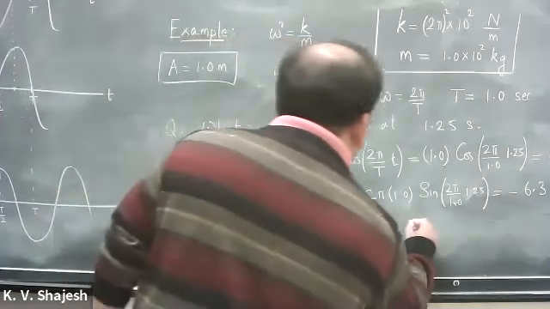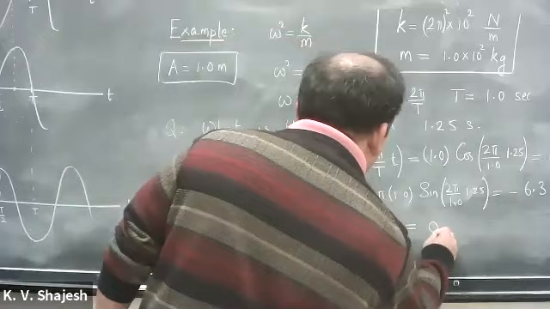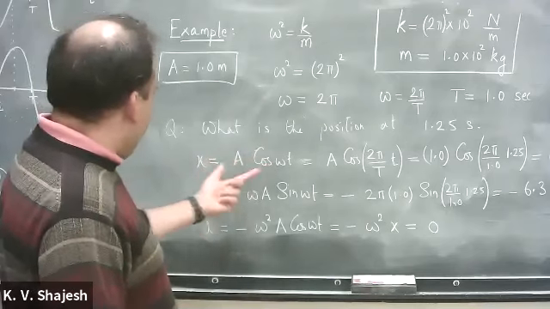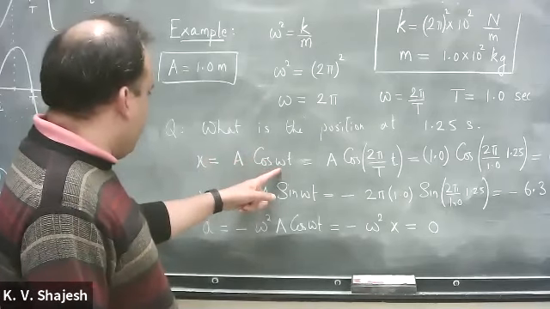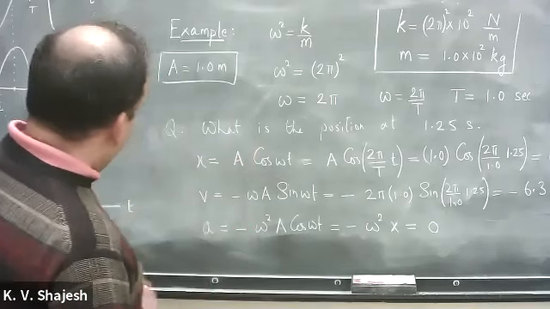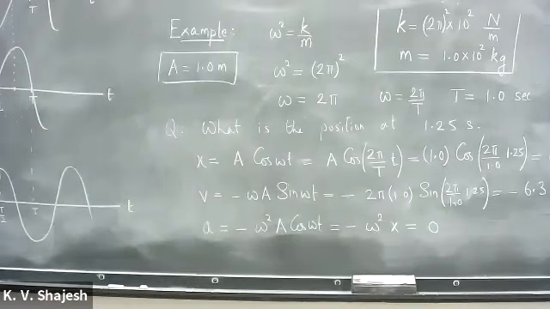The acceleration will be equal to 0. Right? So that's how you would calculate, given the time t and these parameters, first get the omega or the time period, either way, and plug in the numbers, and we can get all these three numbers. So that's simple harmonic motion.